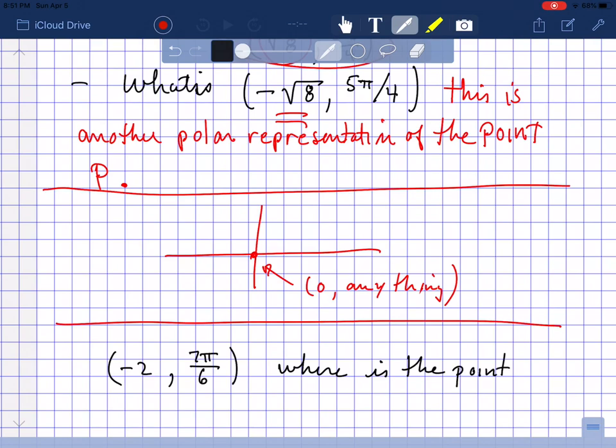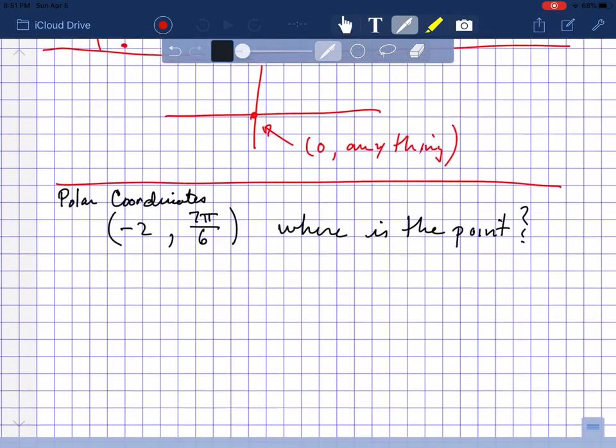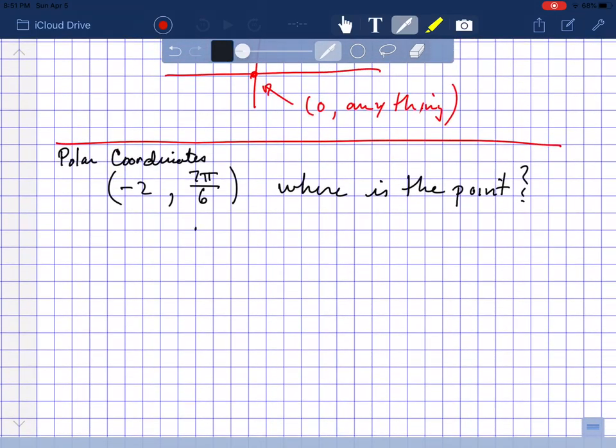So where is this? Okay, so these are our polar coordinates. And I want to find the location of this point.